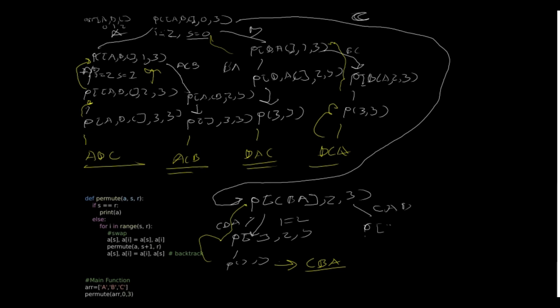Here it is, CAB. 2, 3, P. We'll just keep it short. P, 3, 3 is our base case, and we do our output. I'm just going to write the output here: CAB.